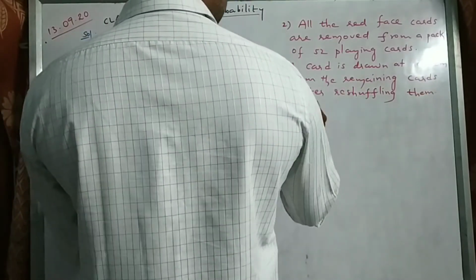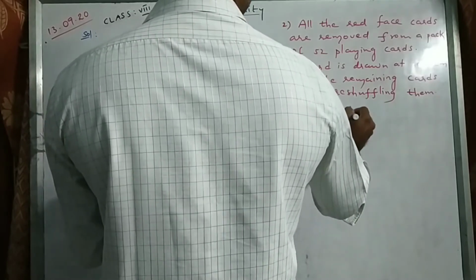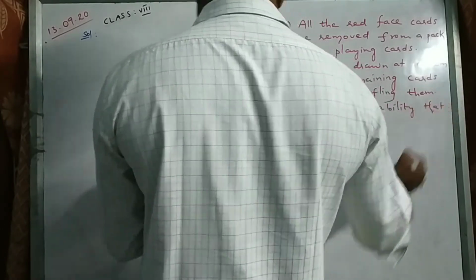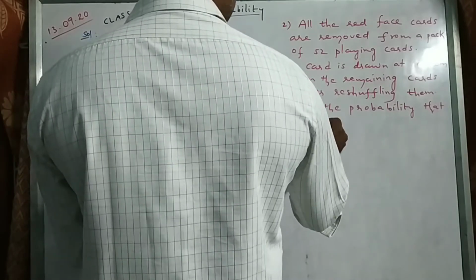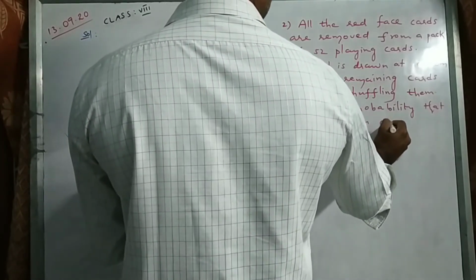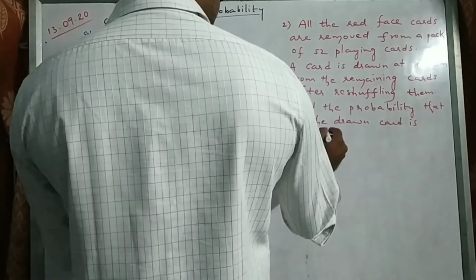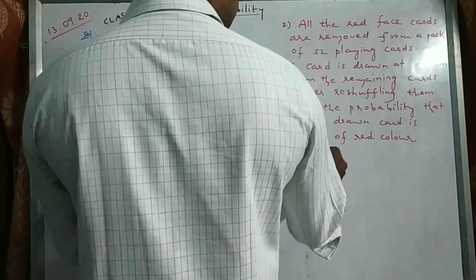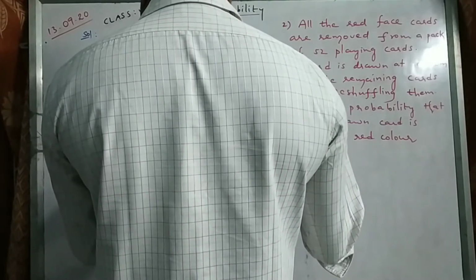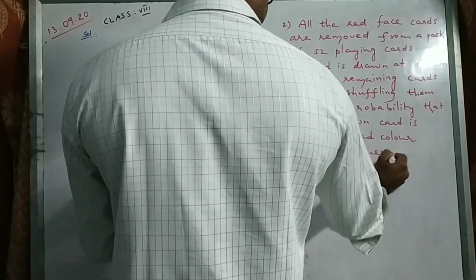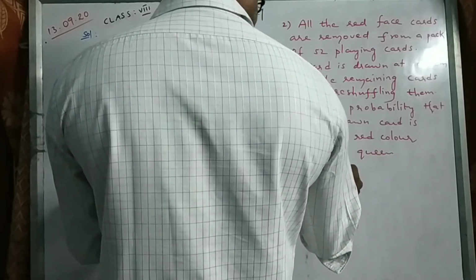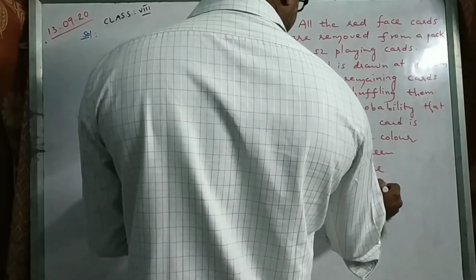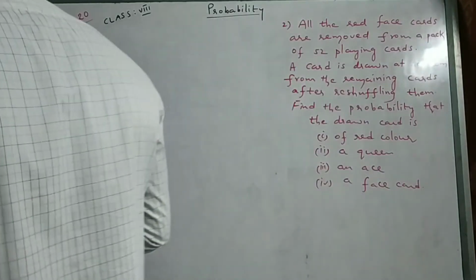Find the probability that the drawn card is of red color, a queen, an ace, a face card. That is the question.